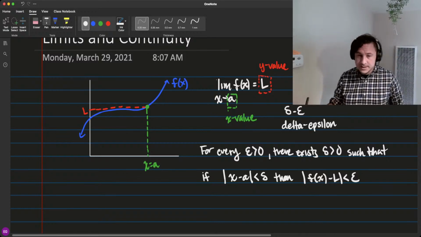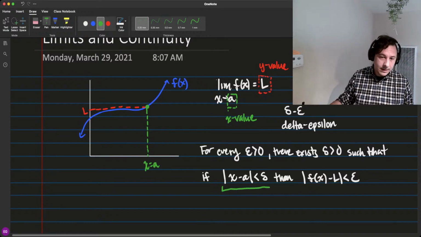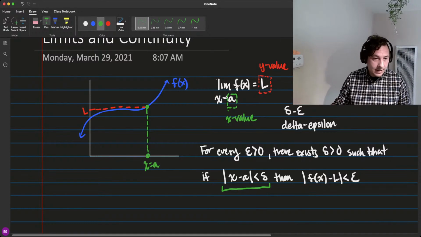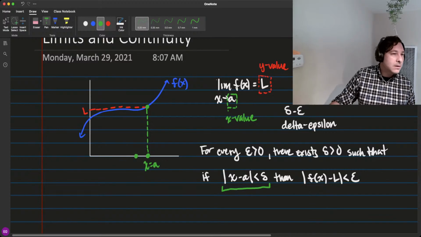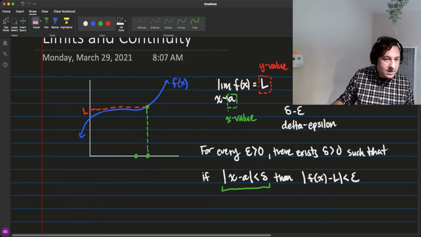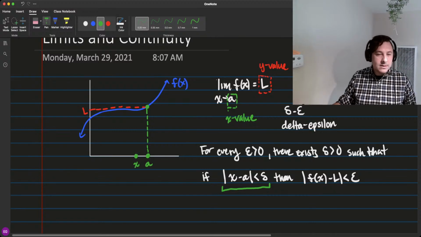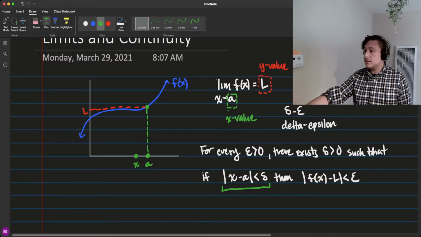Okay, this is what it's telling you. This part right here, it's saying this point A, which is right here, and your point X. So let's give these two things. There we go. So if this is your A and this is your X, how far away can they be at most?